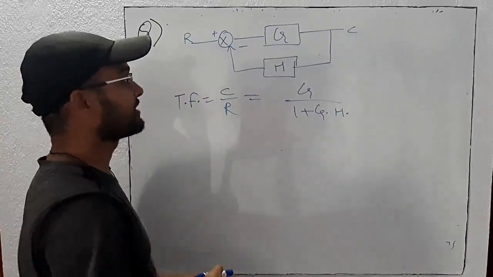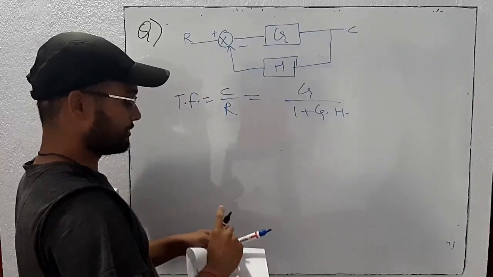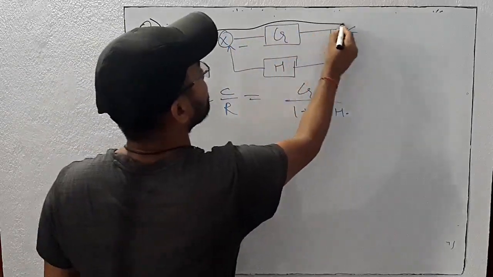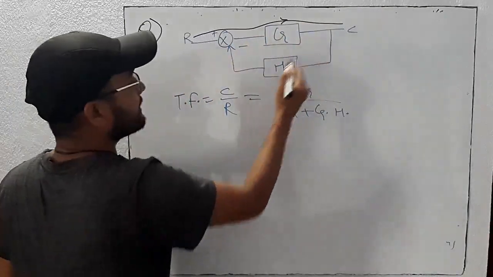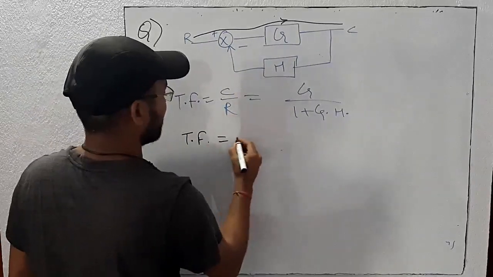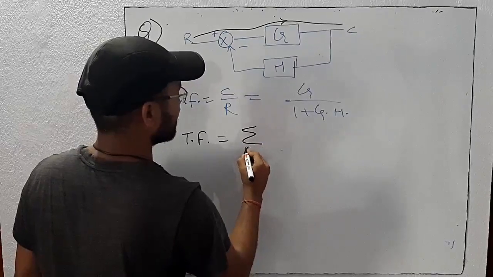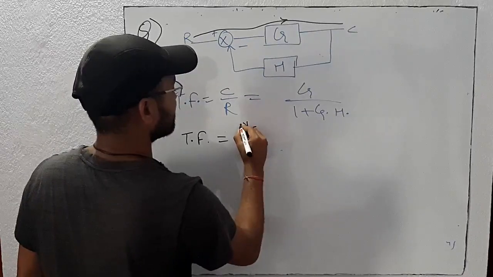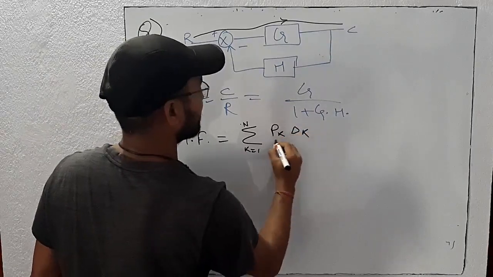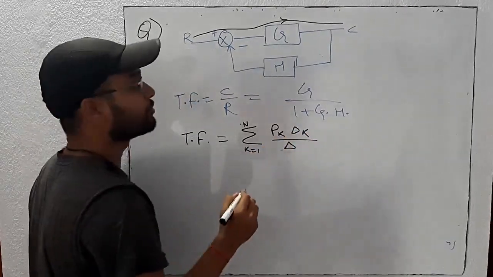Now we will see how Mason formula will be used here. So there is one forward path from input to output and the gain is G only. And how to write the transfer function? Sum over k equal to 1 to n of Pk del k by delta using Mason formula.